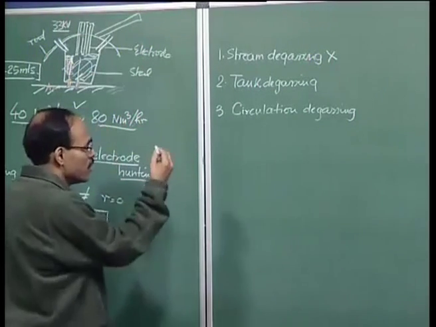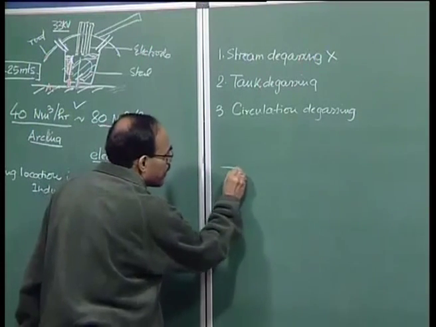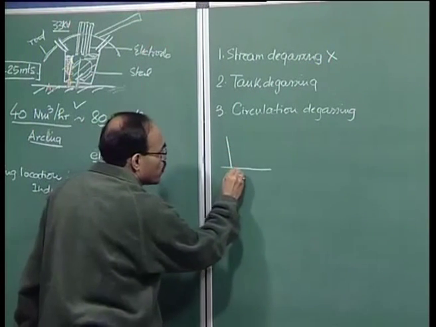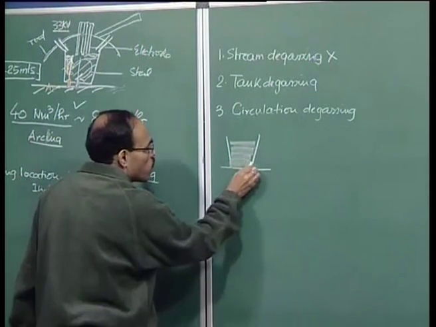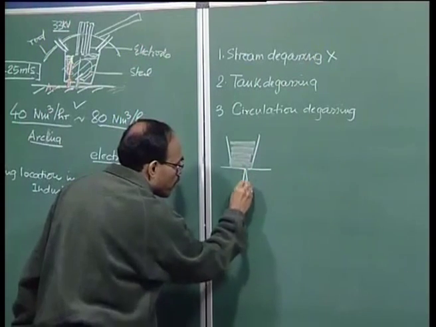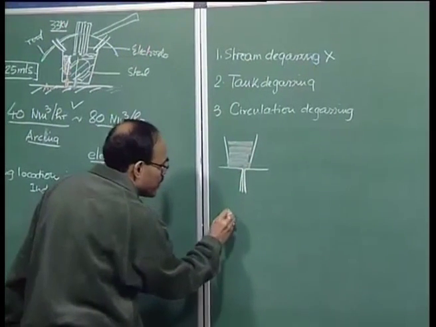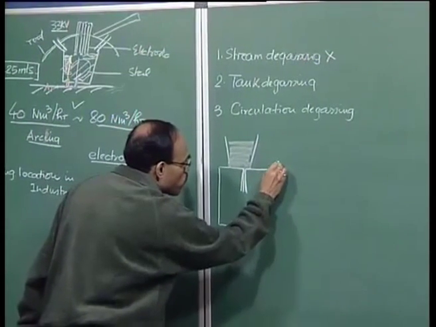What does that mean? That means that we have a small ladle sitting here, which contains molten metal, and then we have molten metal falling into another ladle which is contained in a big chamber.